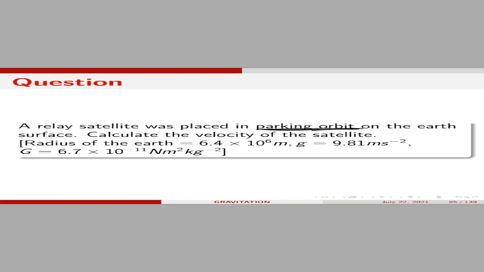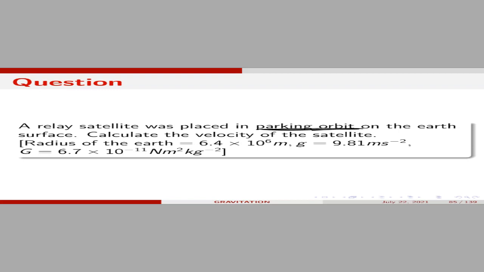I was asking that when we see parking orbit, what does it mean? We discussed it in our previous lessons, and we said that the satellite is said to be in a parking orbit if it rotates with the same speed.